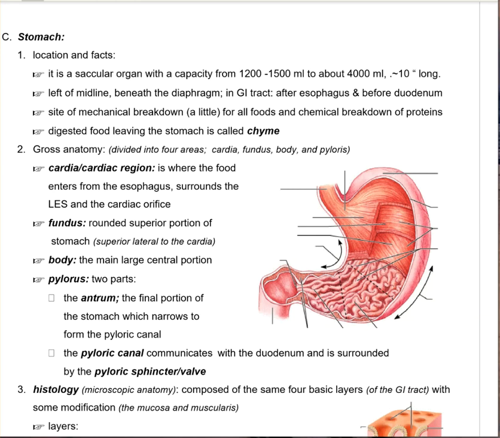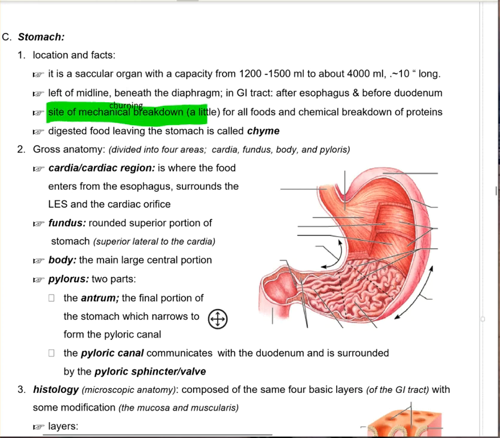If you have a very big meal, it's going to distend and accept that large meal. It's a little left of our midline beneath the diaphragm, right? And it is the site of mechanical breakdown for all foods, not the original site. Remember, original mechanical breakdown is chewing in the mouth, but the stomach is the site of mechanical breakdown for all foods, and this is via that churning.